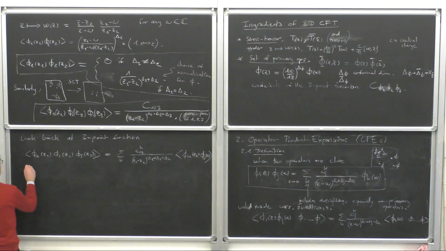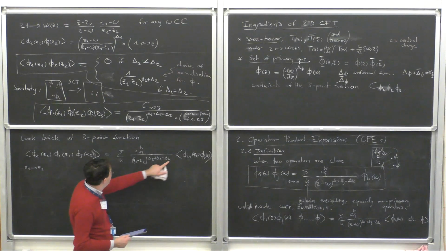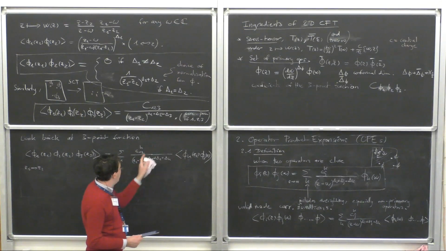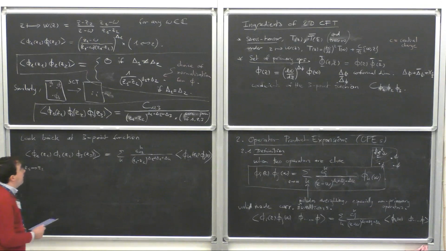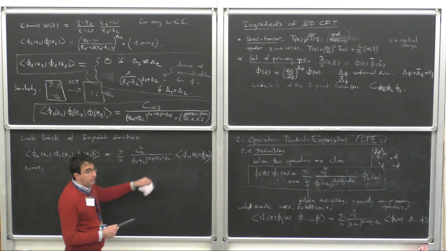Now let's send z_1 to z_2. There's one term that will dominate everything, and it's the one that has the smallest possible delta_k.